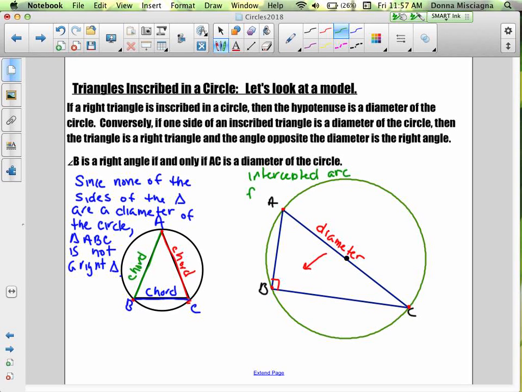So the intercepted arc for angle B, which is arc AC, is a semicircle.